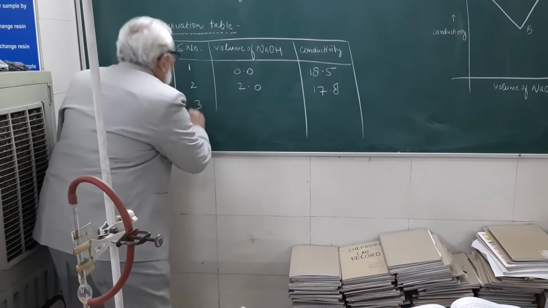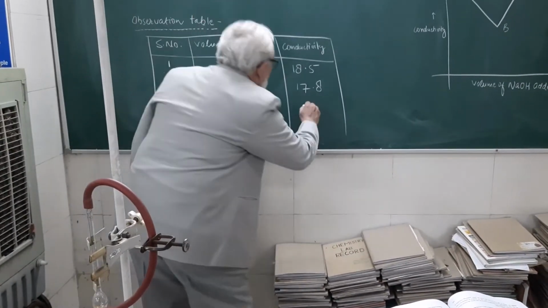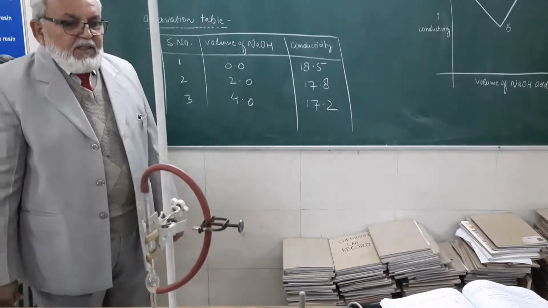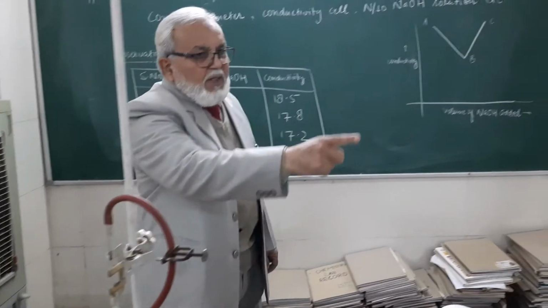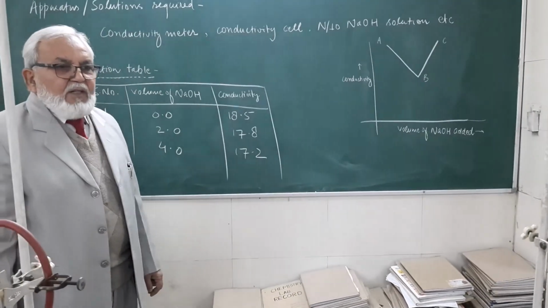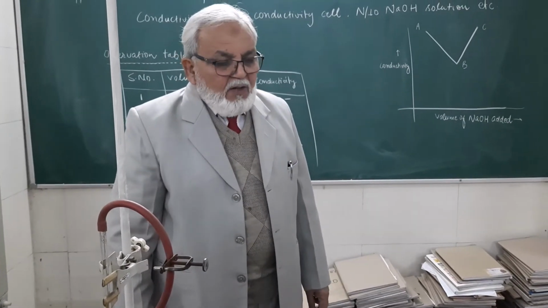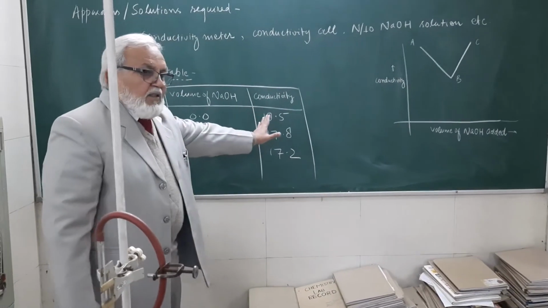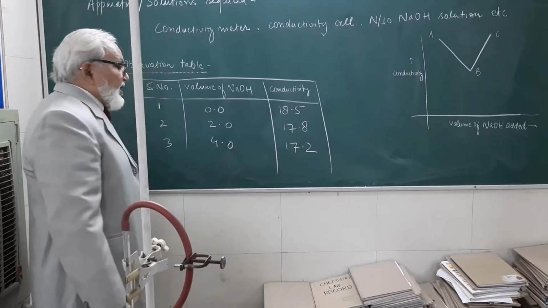Now at 4.0 ml the conductivity becomes 17.2, and similarly we keep on adding 2 ml of NaOH from the burette, and after every addition we will determine the conductivity of the solution. You will see that the conductivity is decreasing every time with the addition of NaOH.